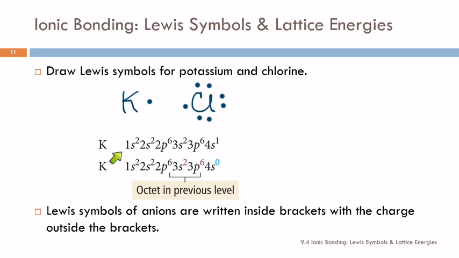Here's the electron configuration for potassium. Here's that 1 valence electron. If we get rid of that, like that, now these are the valence electrons, right?